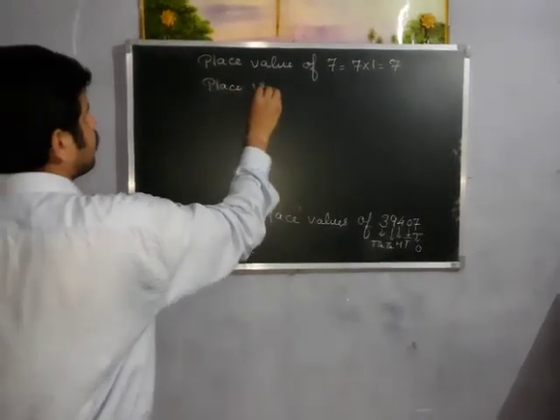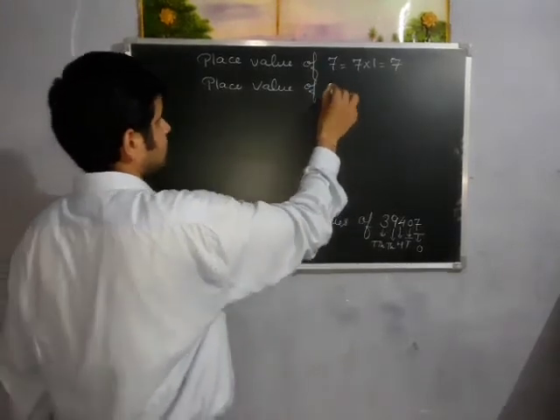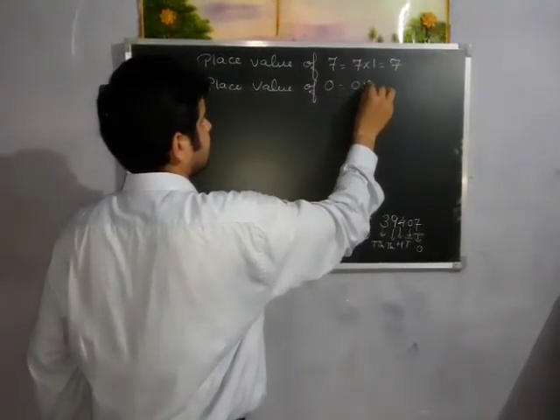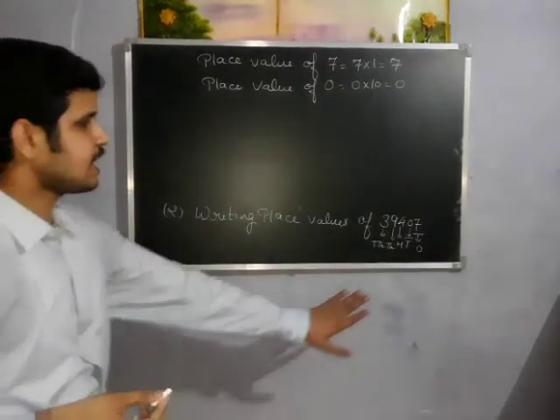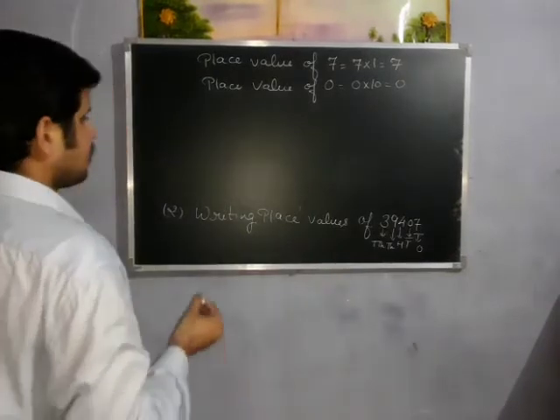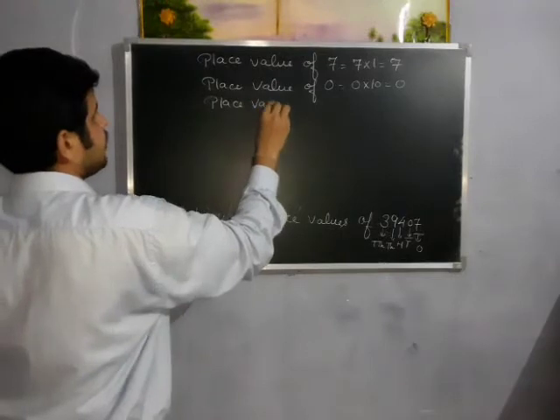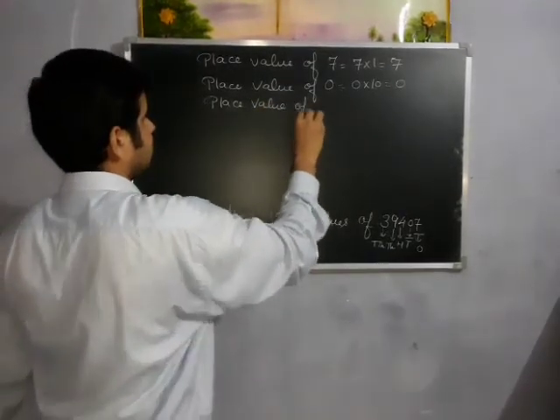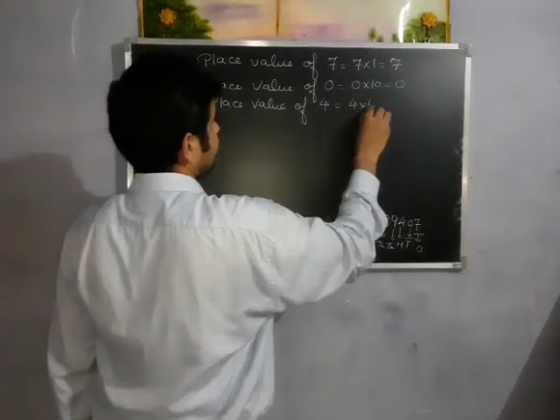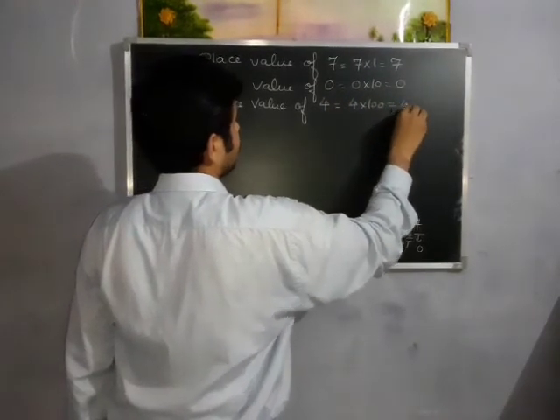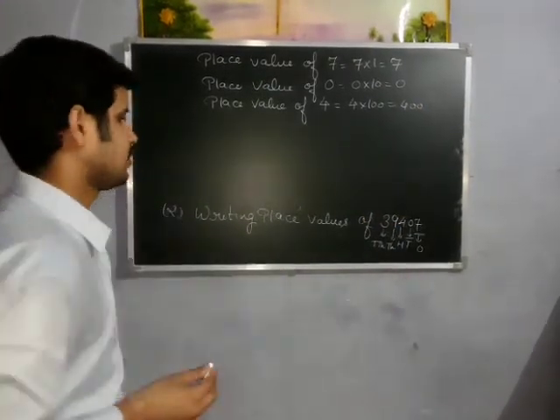Place value of 0. So 0 multiplied by 10 is equal to 0, because 0 is at tens place. Place value of 4. 4 multiplied by 100 is equal to 400, because 4 is at hundreds place.